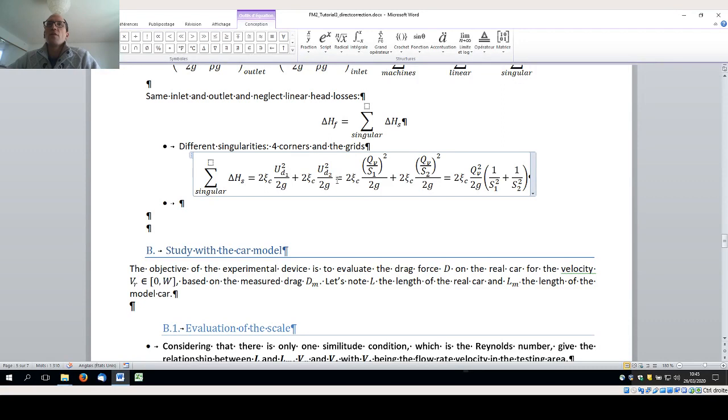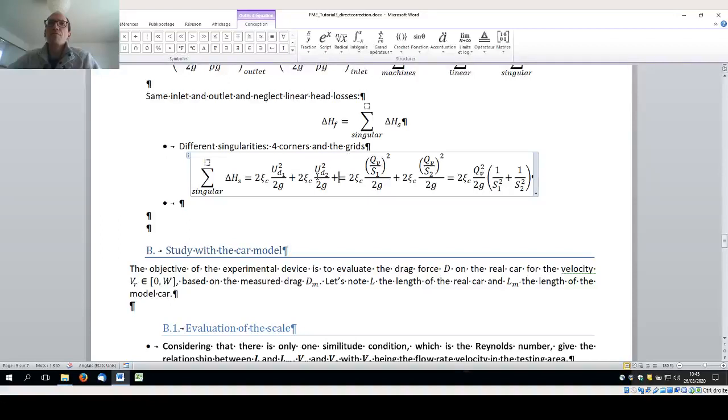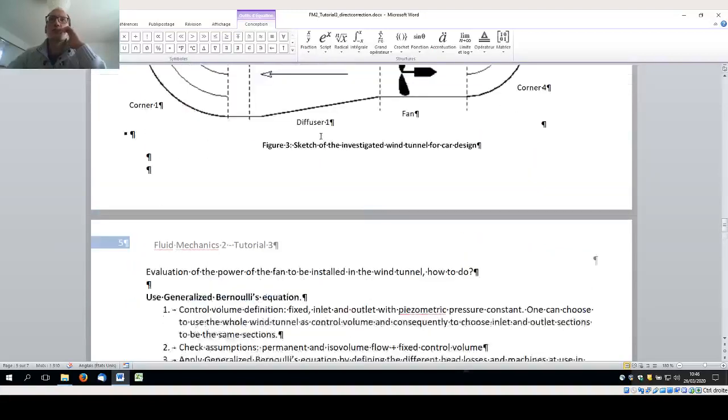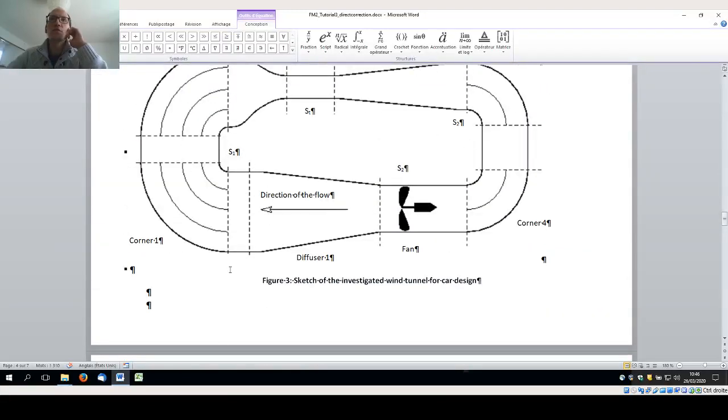So we have the four corners, and sorry, I forgot, you have the grid. So the grid, where is the grid? It's on the section S1, it's between diffuser 1 and corner 1, so it's on section S1.